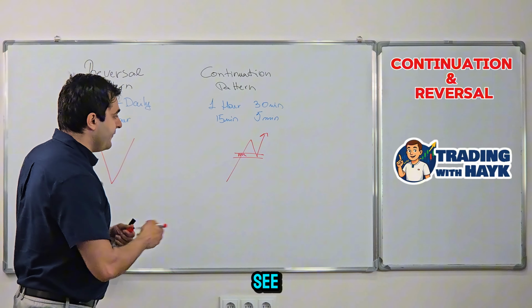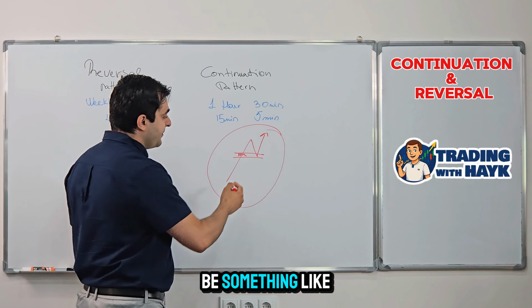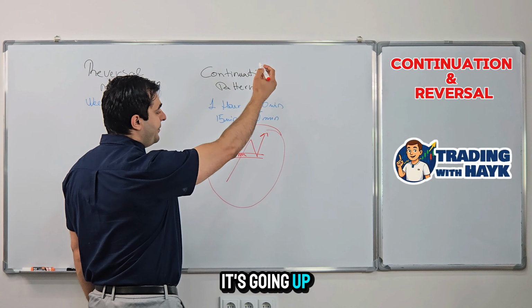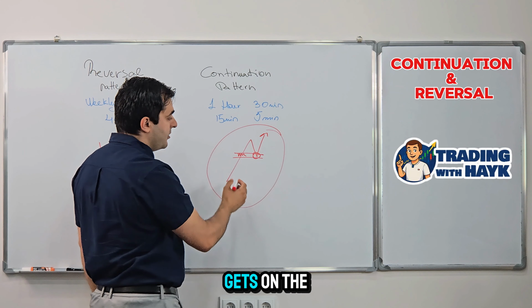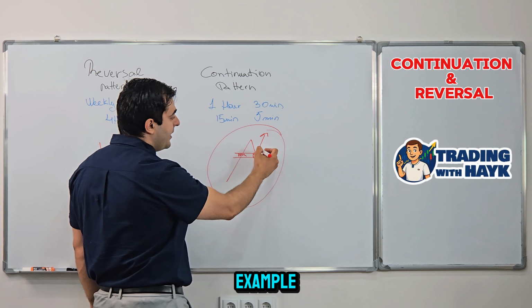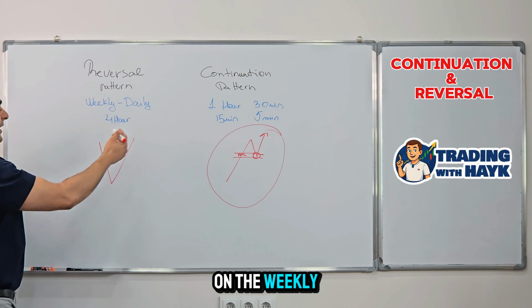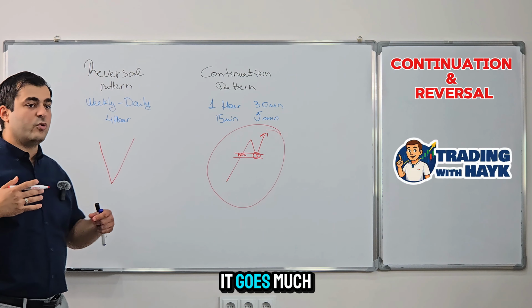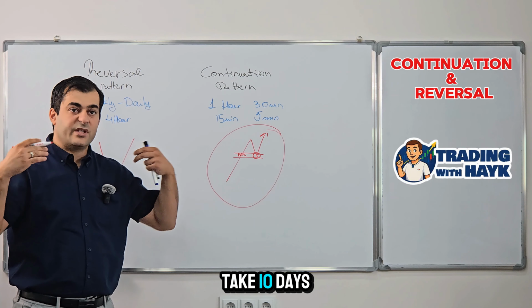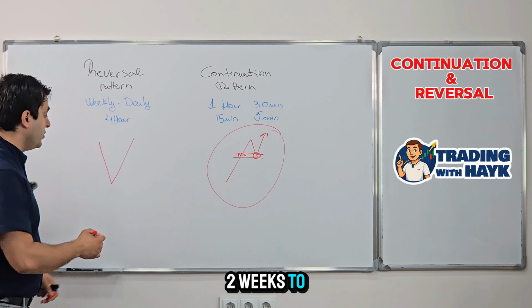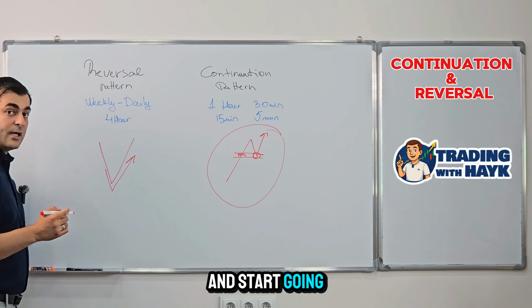And what we can see, for example, is that the continuation pattern will be something like this. It's going up, then it retraces, gets on the demand zone, for example, and continues up. In this case, on the weekly or the daily chart, it goes much slower. I mean, it can take 10 days, 2 weeks to complete, for example, this V shape and start going up.